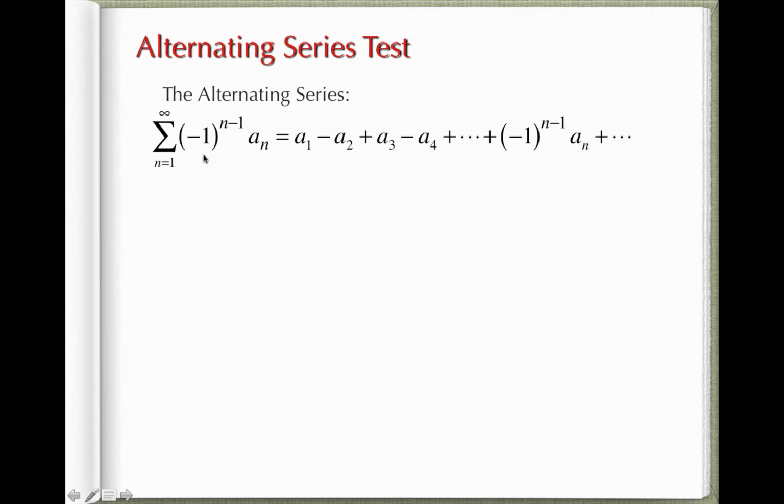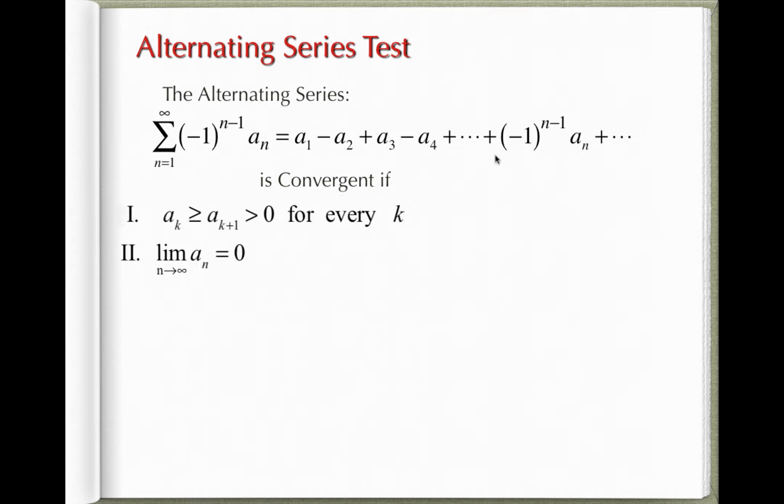This is what forces us to have those alternating signs, positive, negative, and so on. So suppose we've got this particular series. It will be convergent if the following two conditions are met.